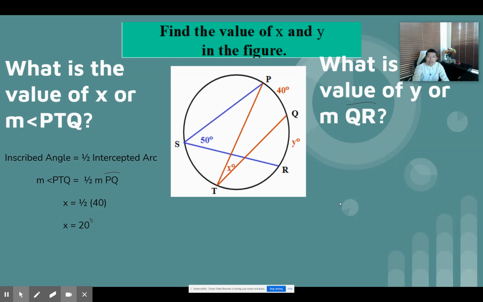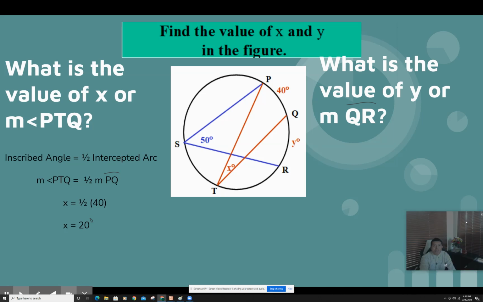Now, how about the value of y, or the measure of arc QR? So we're doing the reverse of that blue example. Inscribed angle PSR is 50 degrees, and its intercepted arc should be double, right? Because the inscribed angle is only half.